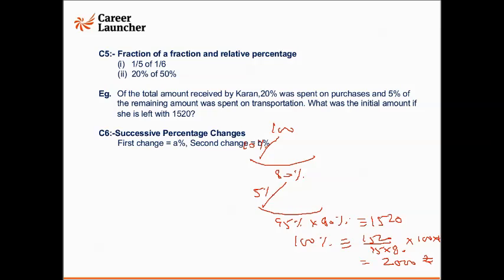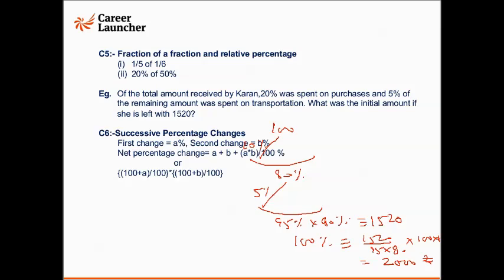Now successive percentages. I just want to tell you one important point, you will face so many questions regarding successive percentage changes. Suppose the first change is A% and the second change is B%. So the net percentage change will be A plus B plus A into B divided by 100. Or you can say 100 plus A divided by 100 into 100 plus B divided by 100.